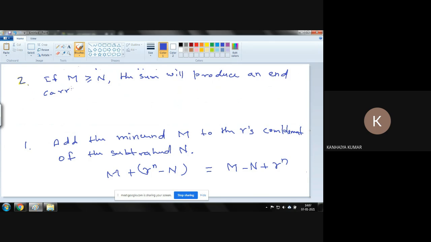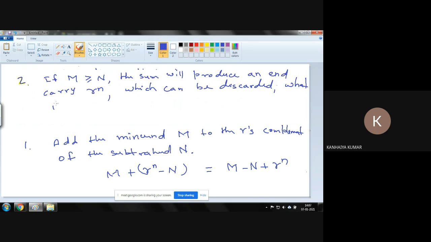Now I will introduce you to the end carry r to the power n, which can be discarded. We cannot consider it, so we should ignore it.